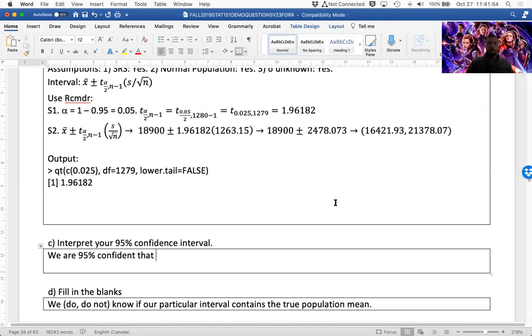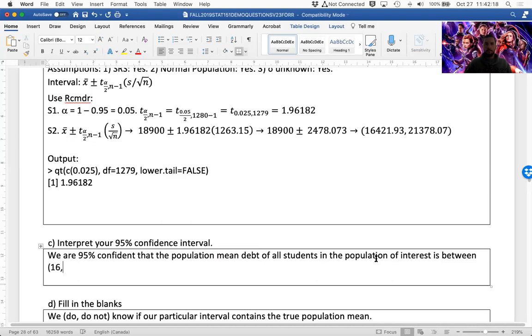Okay, so now we can write, we are 95% confident that the population mean debt of all students in the population of interest is between $16,421.93 and $21,378.07.